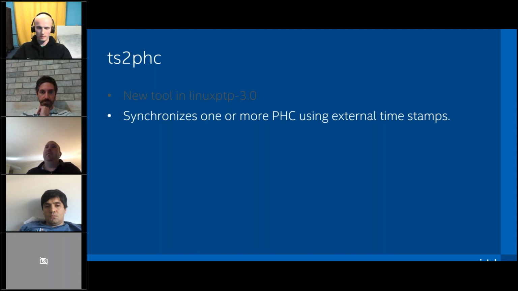If I may, before you go to the TS2PHC, on the PTP4L, you showed something relatively simple, a point-to-point setup, like one master and one subordinate. Any opinion on when you want to implement a boundary clock, let's say with one subordinate port and multiple master ports, let's say 36 master ports?